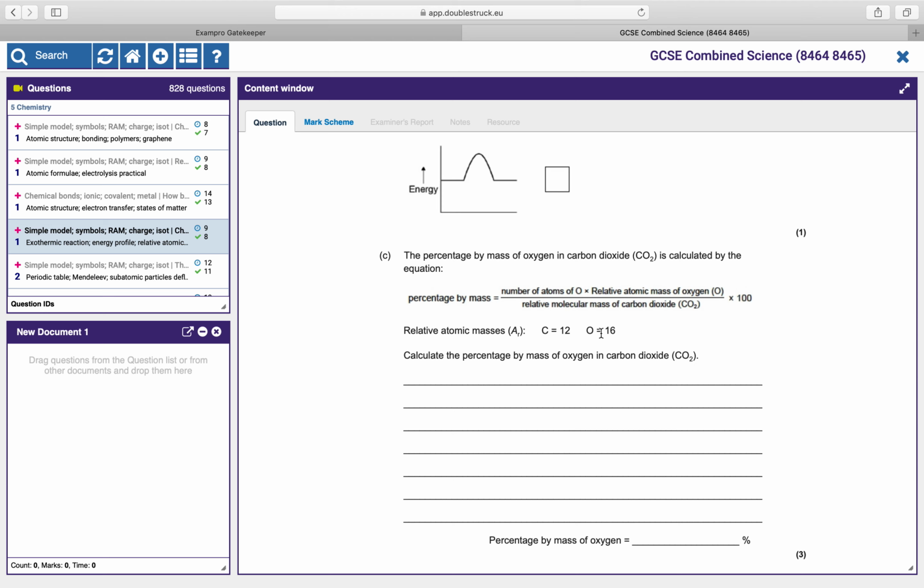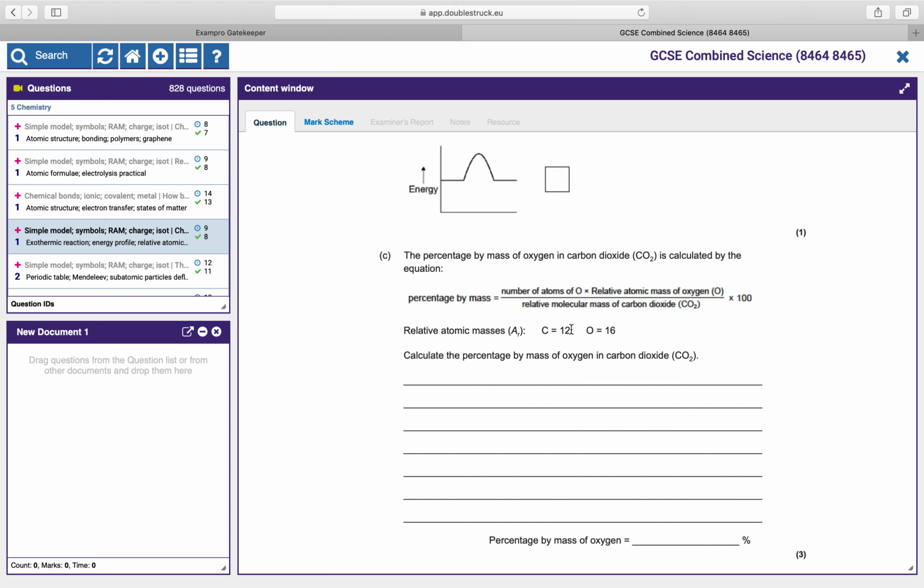And then you divide that by the relative molecular mass of carbon dioxide. Now, you might have to refer to my other video on how to find relative molecular mass. But it's really, really simple. All you need to do is take the relative atomic masses of each element inside a molecule and add them together. And that will give you the mass of the molecule. So let's look at this for carbon dioxide.